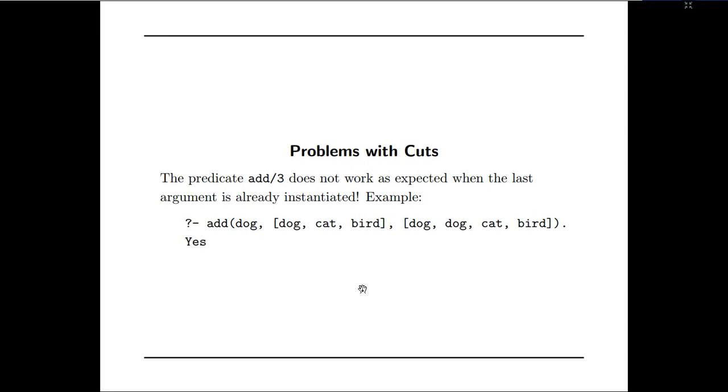So here dog, cat, bird, and dog. See here, multiple duplicate values are there. Up to here it is fine, but here in the sublist bird, and here in the sublist bird is there, which are last elements. These checks cannot be done using cuts because those are the last elements. Even though it discarded the previous elements, obviously it will get stuck between this bird and this bird, and hence it will not give you a better result.